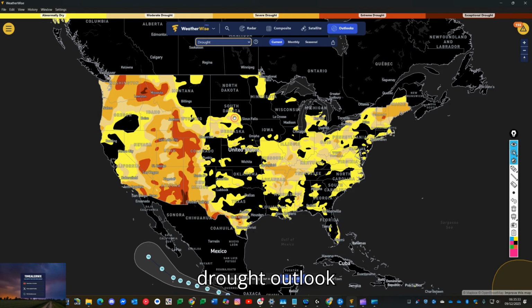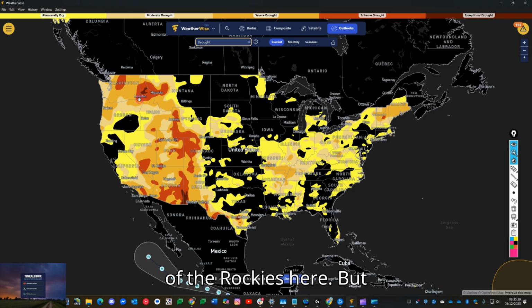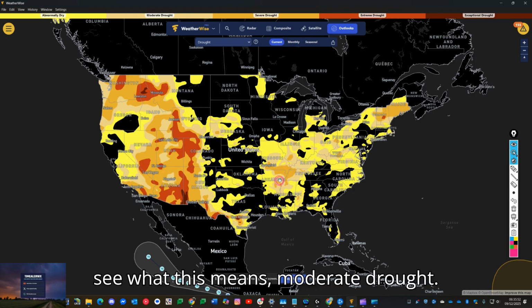Current drought outlook, heavily weighted on the western side of the Rockies here, but building more into the northeast and the south here. Go further monthly. Let's see what this means. Moderate drought.